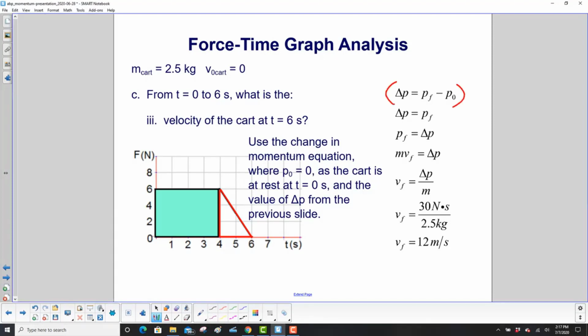And since we're starting at 0 seconds, there is no initial momentum. So the change in momentum is the final momentum. Final momentum now is mvf. That equals the change in momentum. Divide both sides by m. Plug in the change in momentum for this whole area here, which was 30 newton seconds. Divide it by the mass and get a final velocity of 12 meters per second.